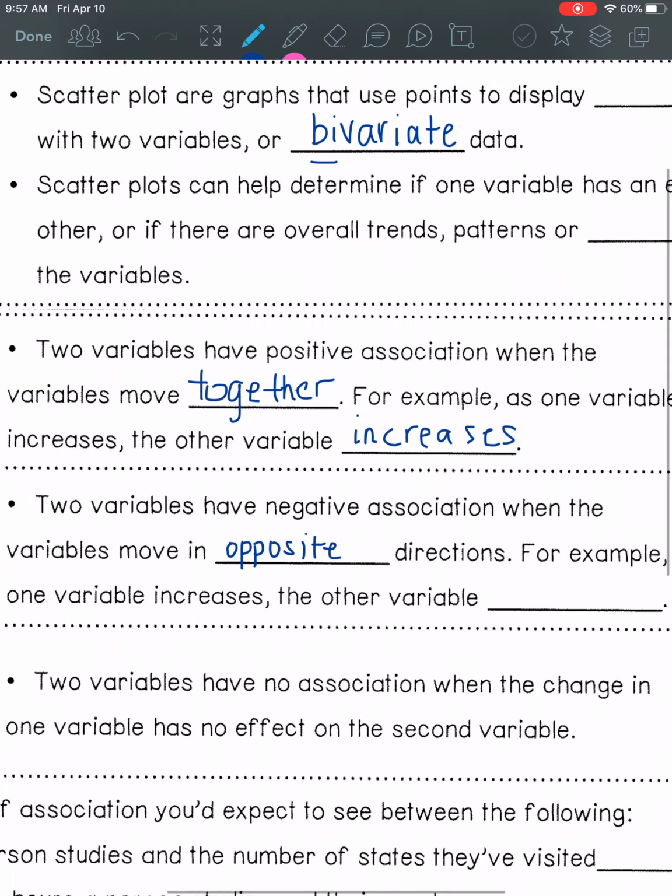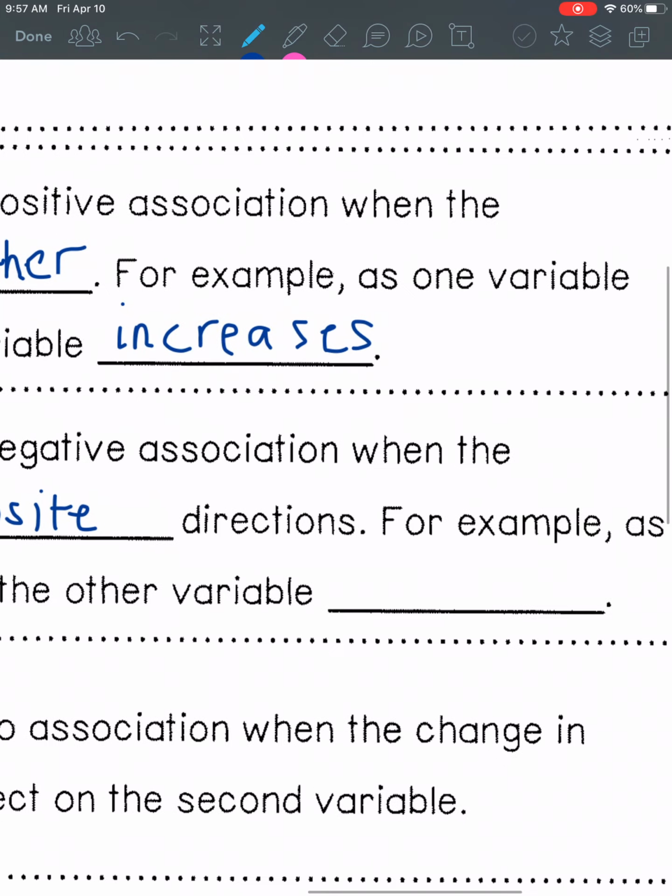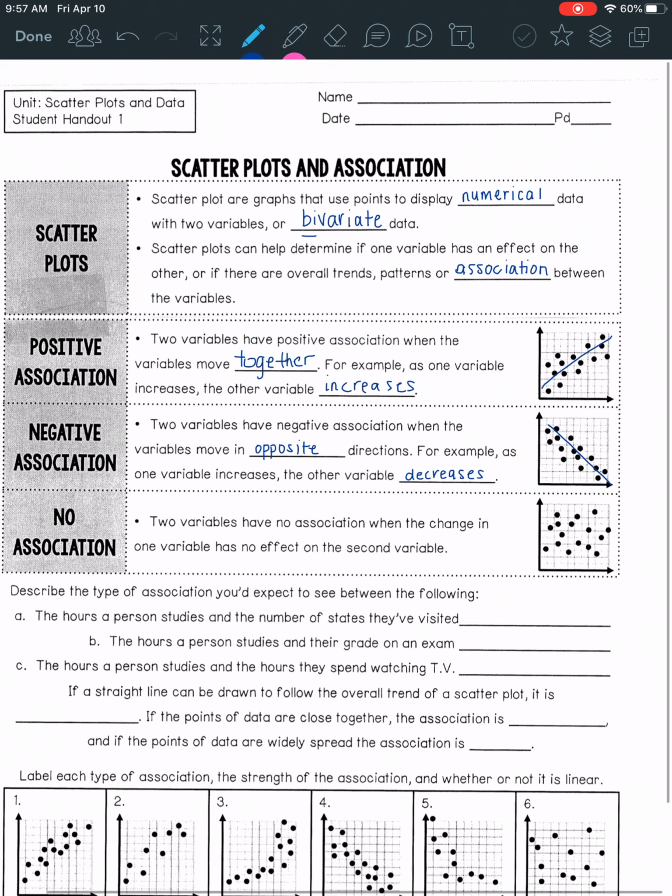So for example, as one variable increases, then the other variable goes the other way, it decreases. Okay? These associations we can look at in examples without even seeing the graph, and we can think about, if one side is increasing, what's happening to the other side? Okay, or the other variable.